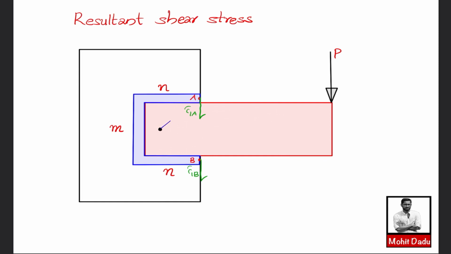The secondary you know is perpendicular to the line joining this one, whose length is RA, and its magnitude will be tau 2A, the secondary at A. In a similar way you can evaluate the secondary shear stress at B, perpendicular to this line, and that magnitude will be equal to tau 2A. So tau 2A and tau 2B are of the same magnitude, and tau 1A and tau 1B are of the same magnitude.